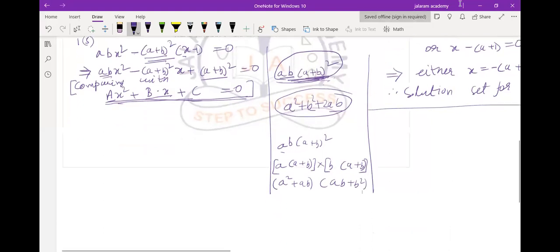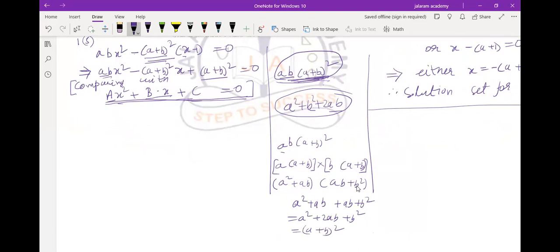When you add these factors, it is a square plus 2ab plus b square, that is a plus b whole square. This is what we require as the sum of the factors, that is the coefficient of x. So the first factor is a into a plus b and the second factor is b into a plus b.